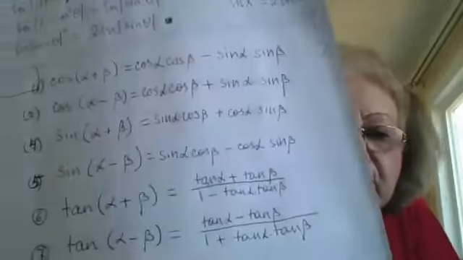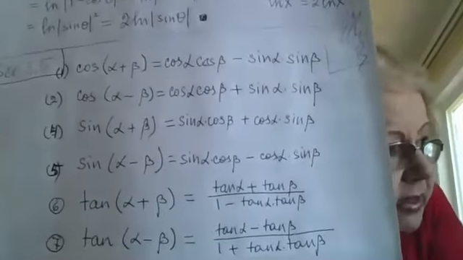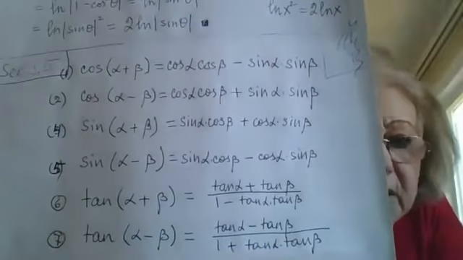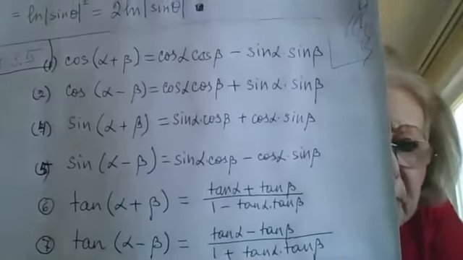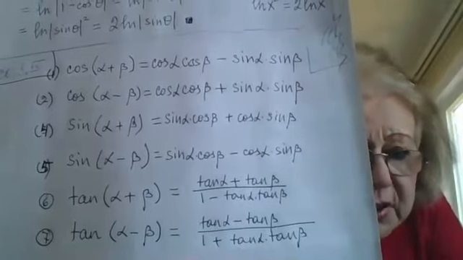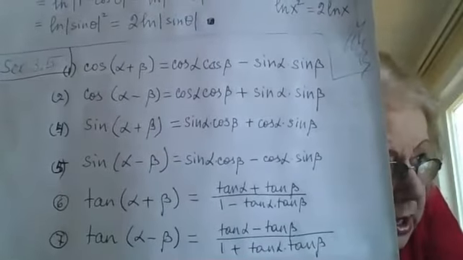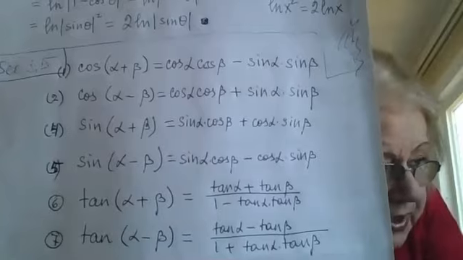This is what you have. On the bottom of formula number 6, you have 1 minus tangent alpha times tangent beta. In number 7, you have 1 plus tangent alpha times tangent beta.